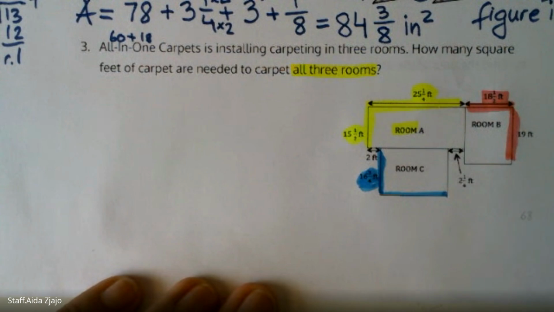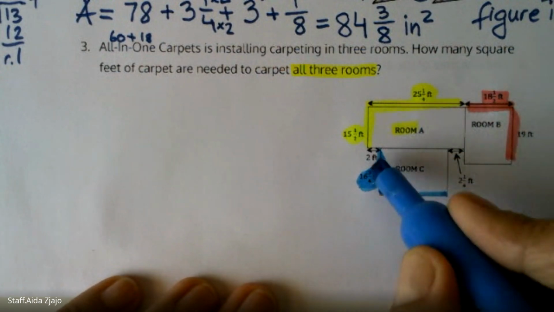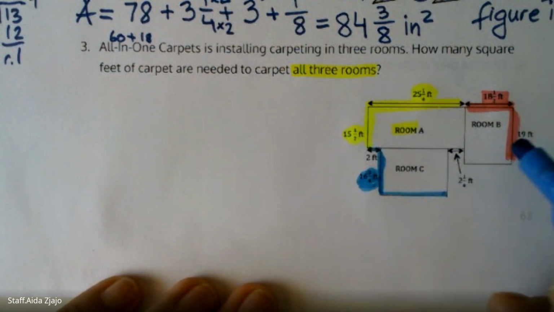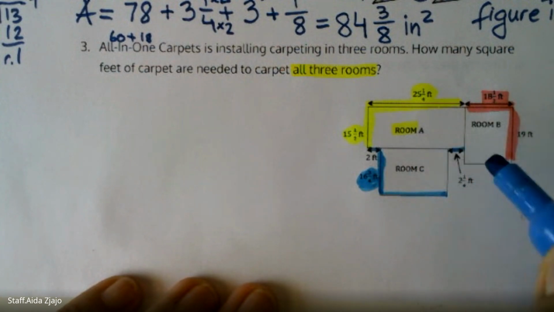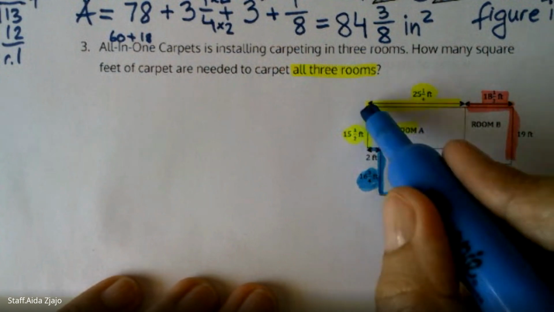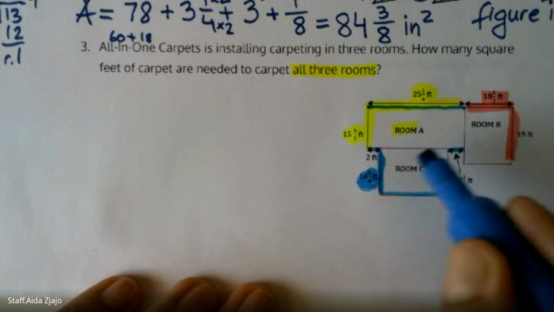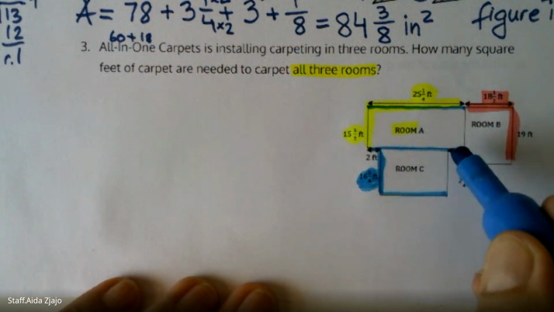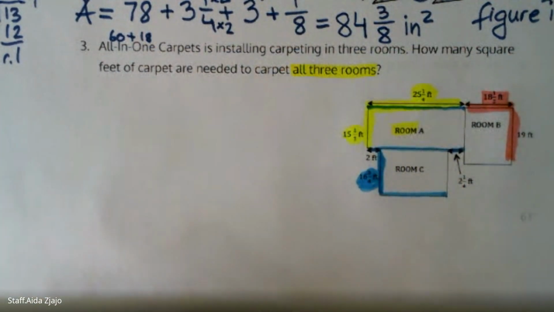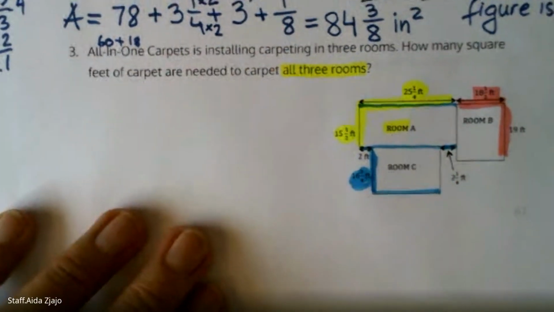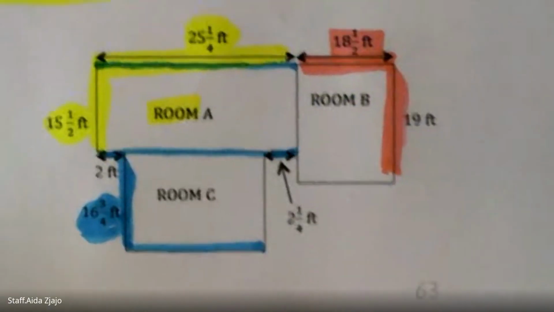So this is unknown. Well, we know that here is the 2 feet, here is the 2 1/4, and we know that this line is parallel to this. So from this point right here, I'm going to make it bigger so you can see.